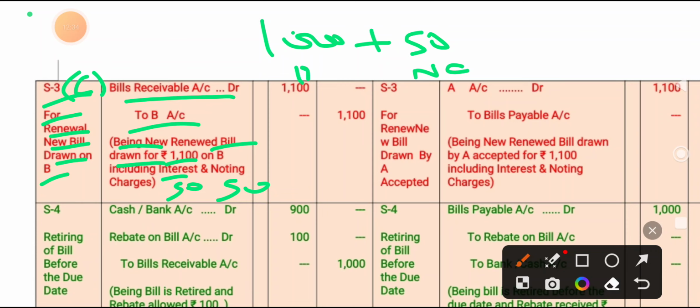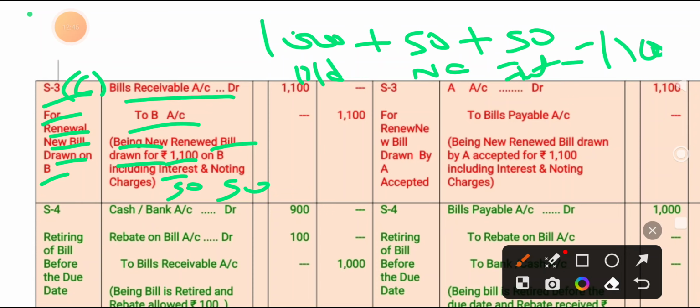This is the old bill amount he has to pay, plus noting charges 50 plus 50 rupees interest, together it is becoming 1100. So total 1100. For 1100 the new bill will be drawn.